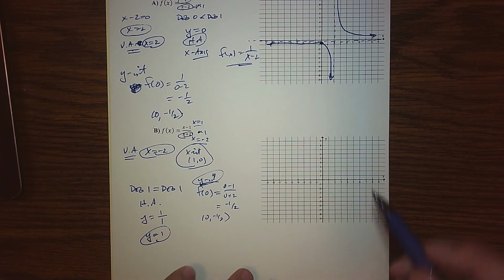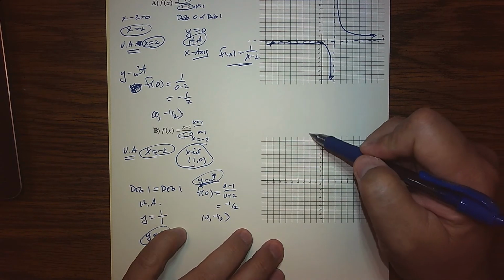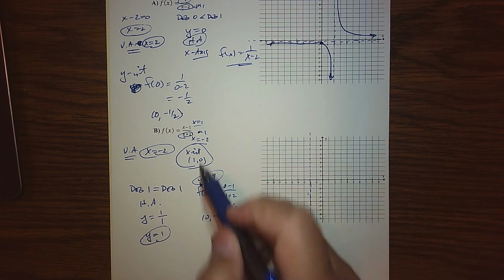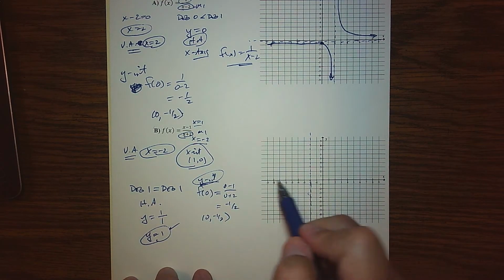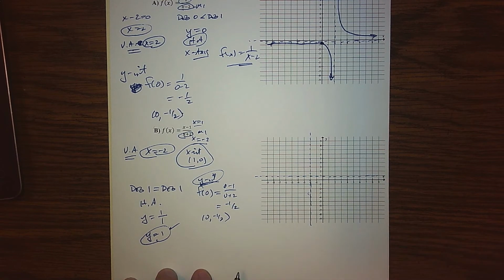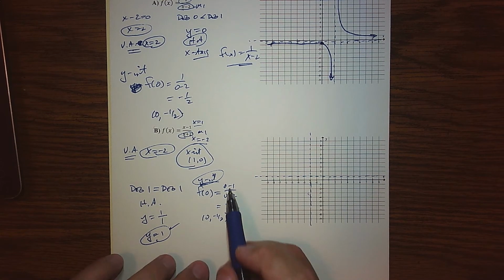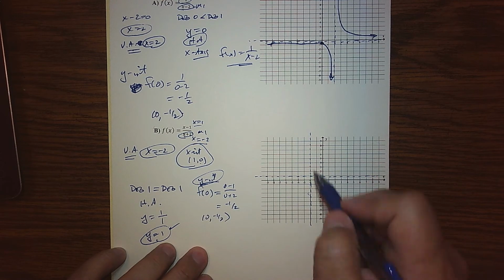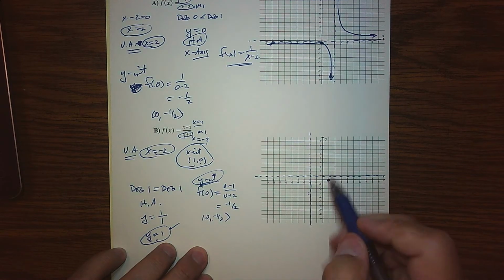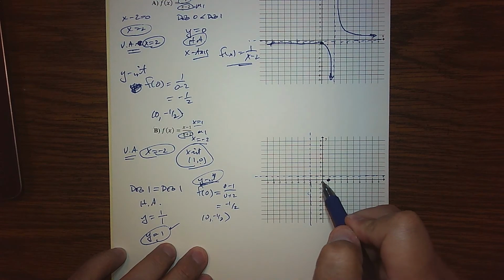So putting this together, at -2, I've got a vertical asymptote. All right, y equals 1, I have a horizontal asymptote. And then (1, 0) is where I'm crossing the x-axis, so right there. And (0, -1/2) is where I'm crossing the y-axis.